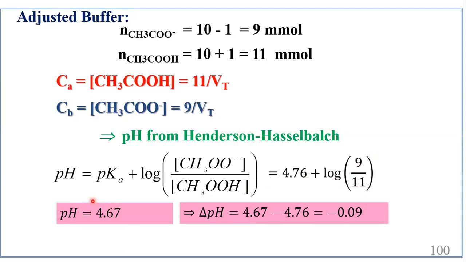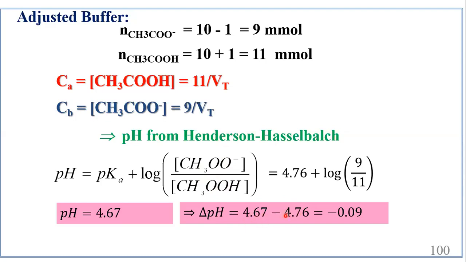pH final in the final solution was 4.67. In the initial solution, remember, initially we had the same concentration of the anion and the acid. It was the same. It was both 10 millimole. And so the pH was simply equal to the pKa in my original buffer solution before adding the H3O plus.